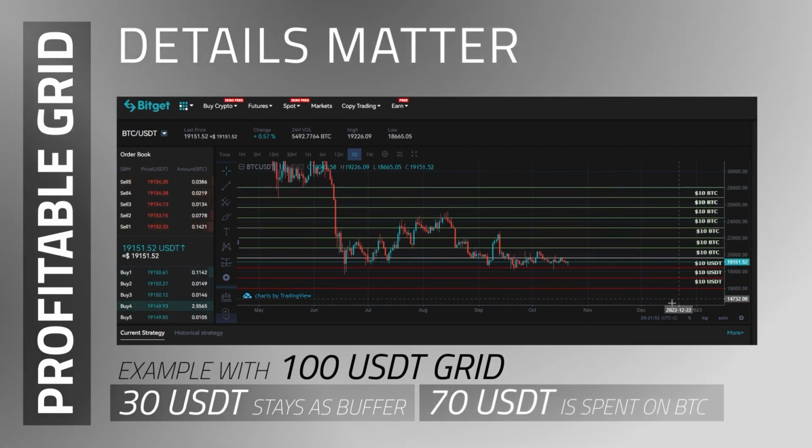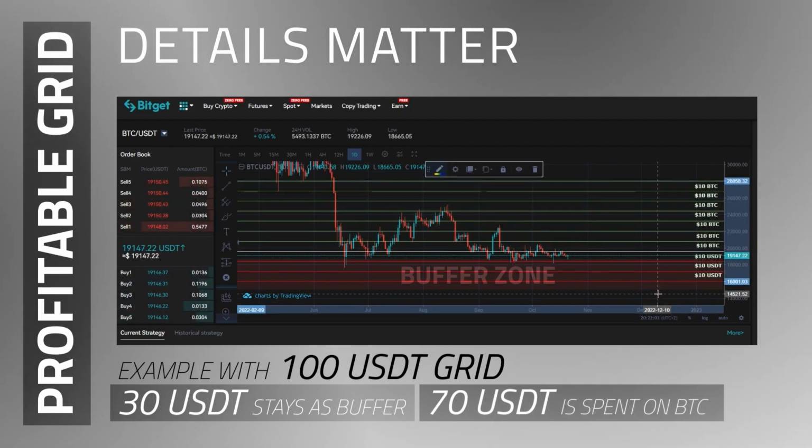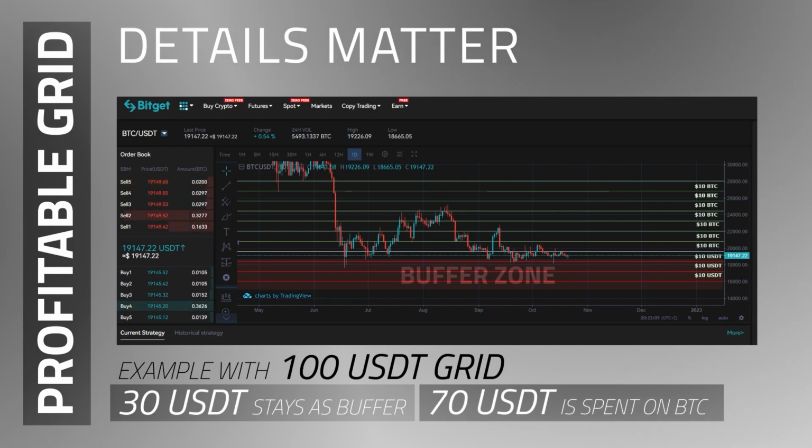In this example, with 100 USDT, 30 USDT would remain in the buffer zone, and $70 worth of BTC is bought at the current price. Now this $70 worth of BTC is then split into 7 units. For each one, a take profit order is registered at the grid lines. The distance between the grids is around 5% in this case, so with every swing between the lines, there is around 5% profit on a $10 unit.